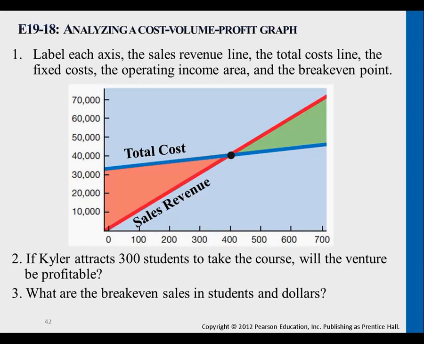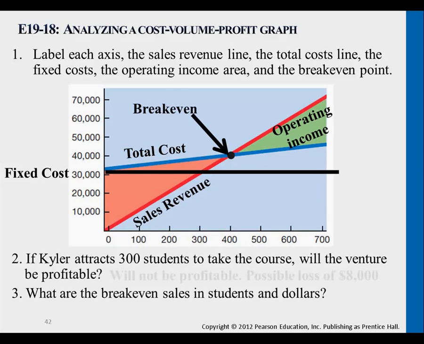Where is the fixed cost? We don't know that yet? Right? Really? How do we know the fixed cost? That's right, it's this point, right? And then we're just going to draw it all the way to the right, and it's going to be parallel to the x-axis. Right? Just like that.